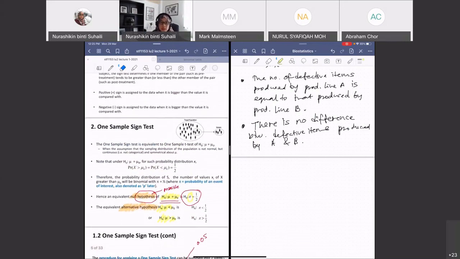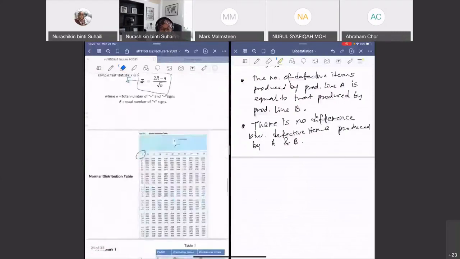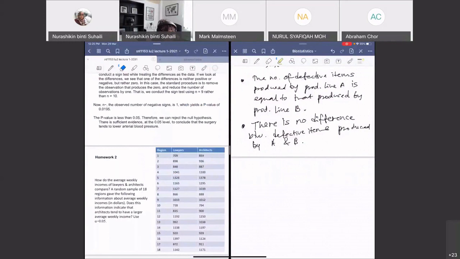Any question before we discuss? Yes, doctor, may I ask? For the second question just now, case number 2, the number of negatives is actually equal to 6, right?